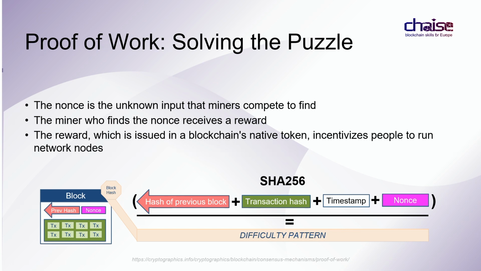As all these 3 values are fixed, hashing them will always produce the same, most likely incorrect result. To be able to alter the hash outcome, a 4th string is added, so-called nonce. By continuously randomizing this nonce, the node can find the correct hash that fits the difficulty pattern.